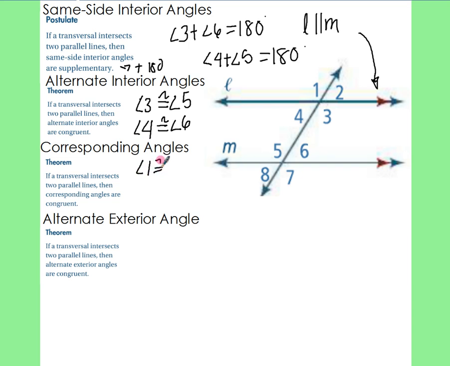I also heard 2 and 6. Okay. So 1 and 5, 2 and 6. 4 is congruent to 8. And 3 is congruent to 7. Right? So 1 and 5 are the same measures. 2 and 6 are the same measures.